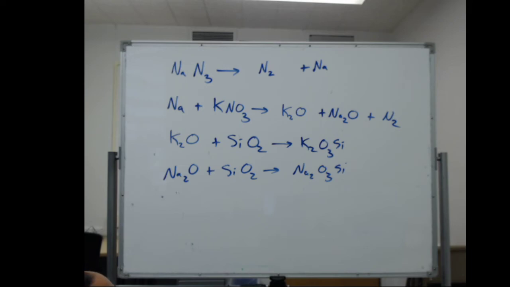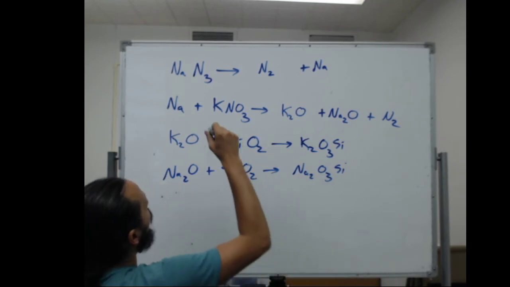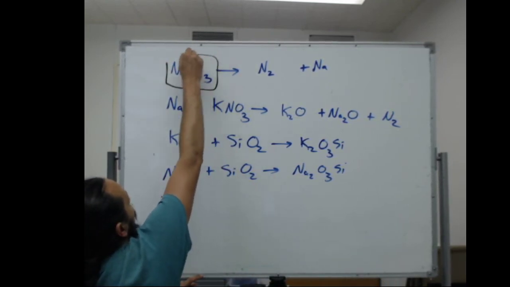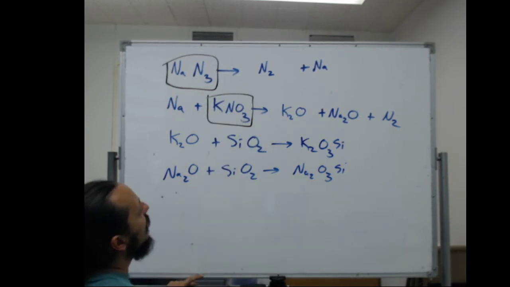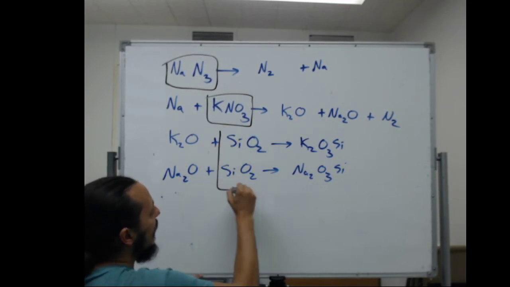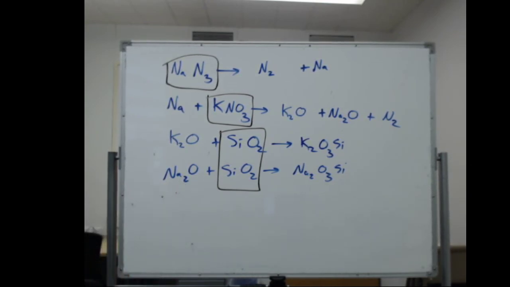But the one thing we have to realize is that for this reaction, we've got a set amount of sodium azide, a set amount of potassium nitrate, and a set amount of silicon dioxide, even though we've got two places where silicon dioxide needs to react.